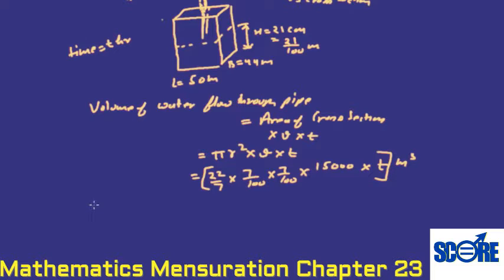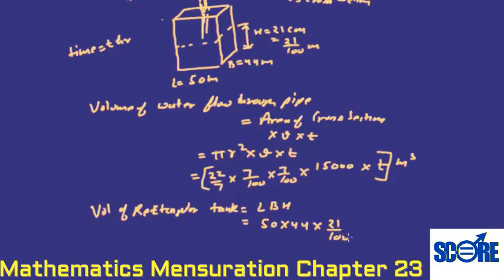This water is stored in the rectangular tank. So the volume of the rectangular tank is equal to the volume of the cuboid, that is LBH, that is 50 into 44 into 21 by 100 meter cubic. So the volume of water flowing through the pipe is equal to the volume of the water stored in the rectangular tank.